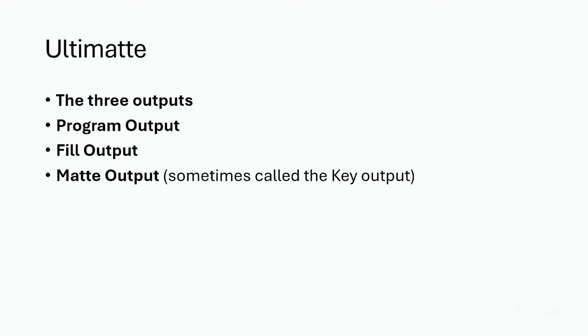So the Ultimate gives me 3 outputs. And those 3 outputs allow me to have the image that has been taken off the green screen. It allows me to have a mask so I can show the software at the other end where I have a blank.